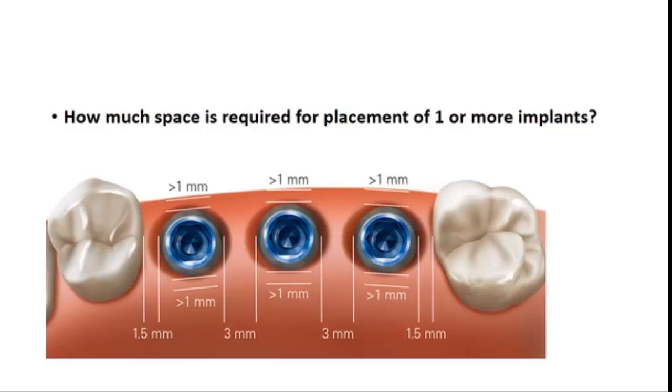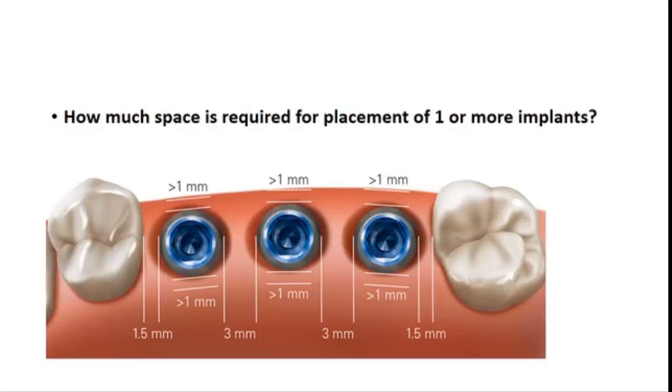That means 1 mm on the buccal and 1 mm on the linguopalatal side. This is a minimum requirement. Based on that, the implant size is selected to be placed into the edentulous area.